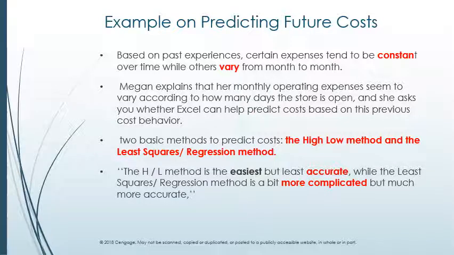We have an example on predicting future costs. Based on past experiences, certain expenses or costs tend to be constant over time, while others vary from one period to another.